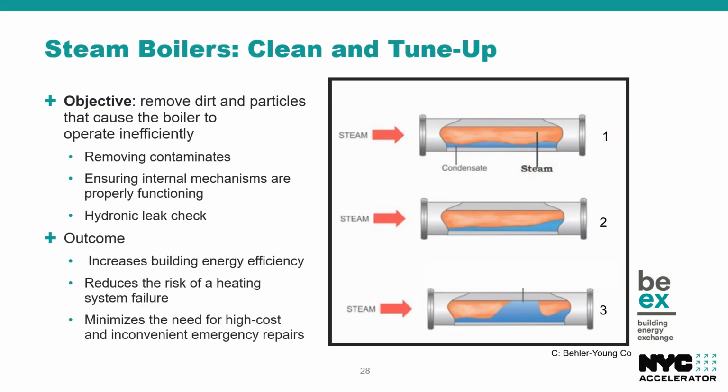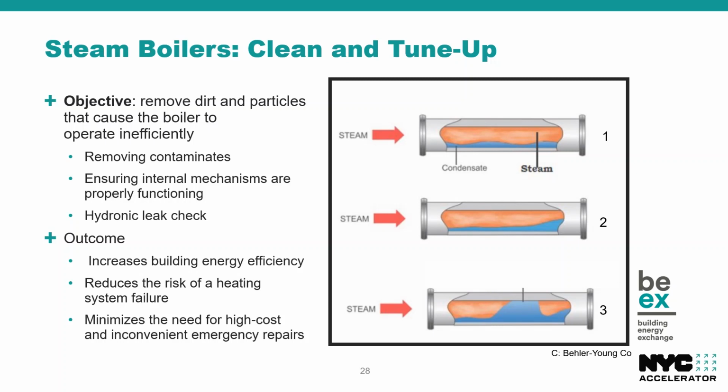So more on steam boilers. We have a diagram here of a pipe in a steam boiler system where you have steam and condensate flowing in the same pipe. A simple retrofit that we can do is a boiler clean and tune, because keeping boilers clean and free of oil or contaminants ensures that it will run efficiently.